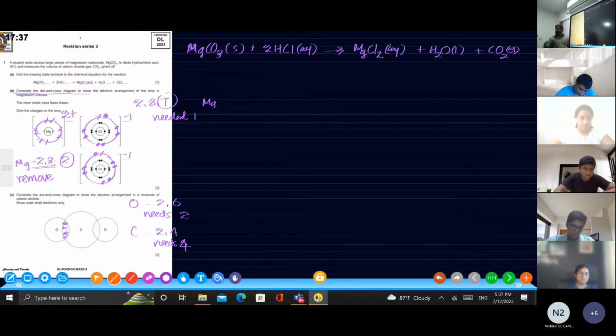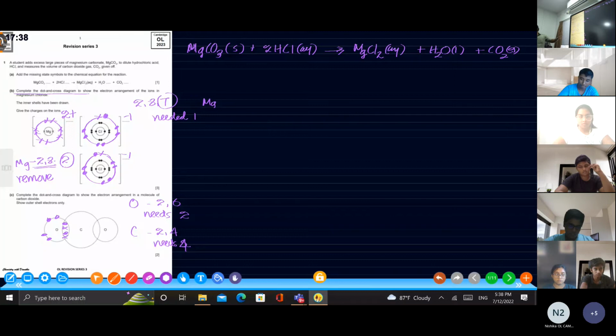So complete the dot and cross diagram to show the electron arrangement of a molecule of carbon dioxide. So oxygen donated 2 and carbon donated 2. Oxygen has 4 remaining. Now you are showing the last shell electrons only. And now on this side also oxygen is donating 2, right? And carbon will be donating 2.